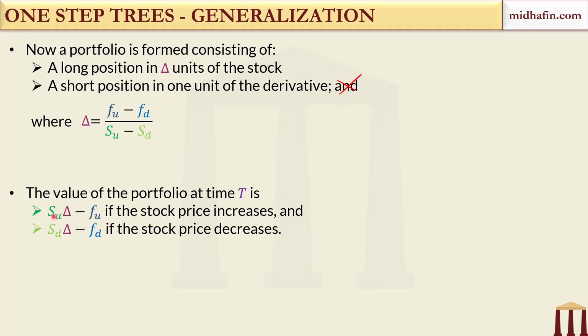So this will be the value of the portfolio when the stock price goes up, and this will be the value of the portfolio when the stock price decreases. Now, why has this delta been chosen? Because if you plug in delta in these two expressions, you will find that both these values give you the same result for the portfolio. So the idea is to make sure that the portfolio is guaranteed to have a fixed value in both the cases. That is why delta has been chosen.